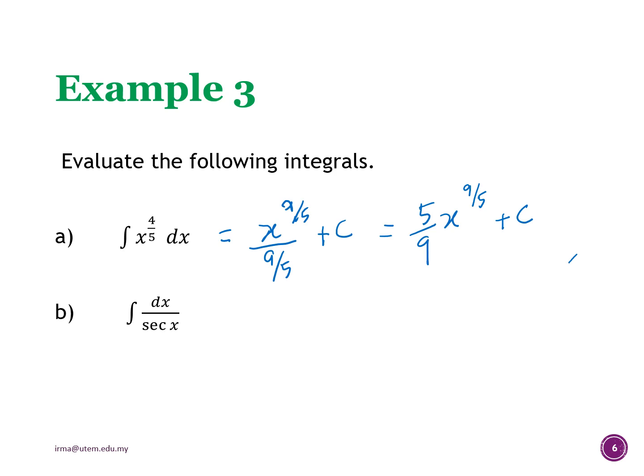So let's move to the second one. Integrate 1 over secant x. Do you still remember what secant is? Secant is 1 over cos x dx.